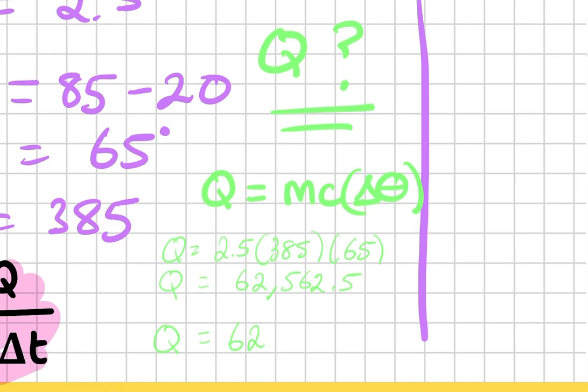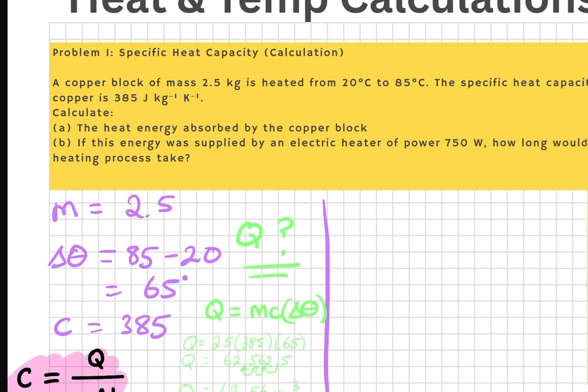If we bring in our decimal point, 1, 2, 3 places, that's 62.56 times 10 to the 3, but 10 to the 3 just means kilo. Kilo and what? What's our unit? It's energy. Q is energy, so that is joules. So 62.56 kilojoules. Final answer. There we go.